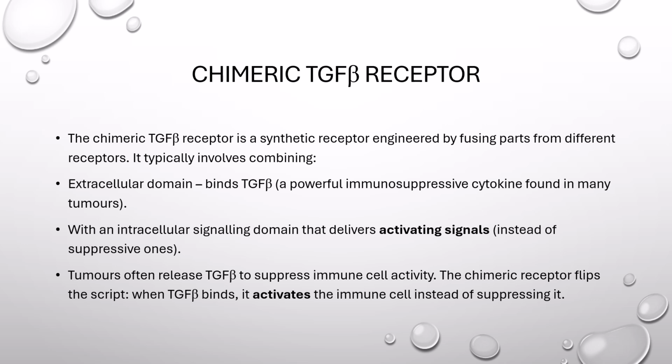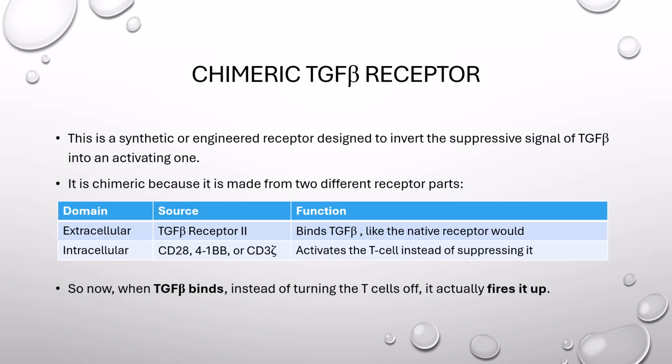And so when this TGF beta binds to its natural receptor on T cells, it tells the T cells to chill out and, you know, don't attack. But in the tumor setting, that's a major problem. So how is this engineered, and how is this set up? Basically you have the extracellular domain, and this is where you have the chimeric receptor.